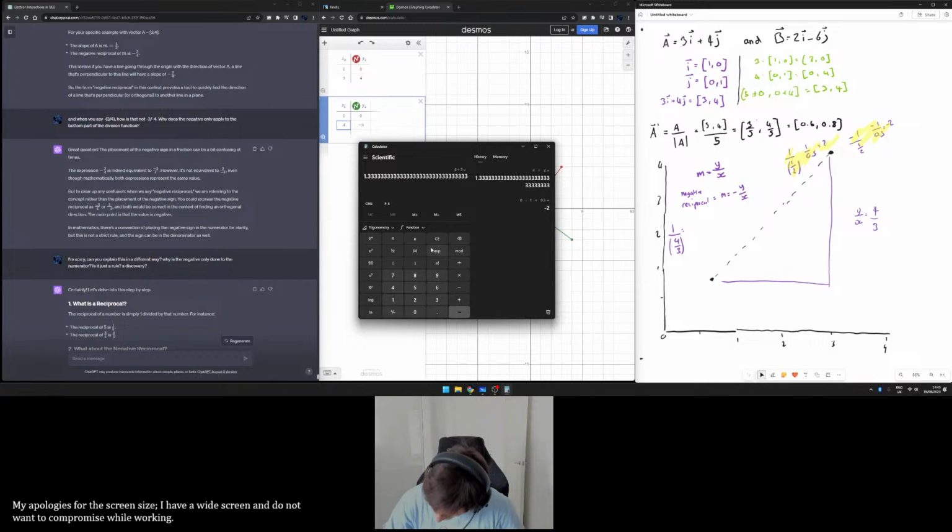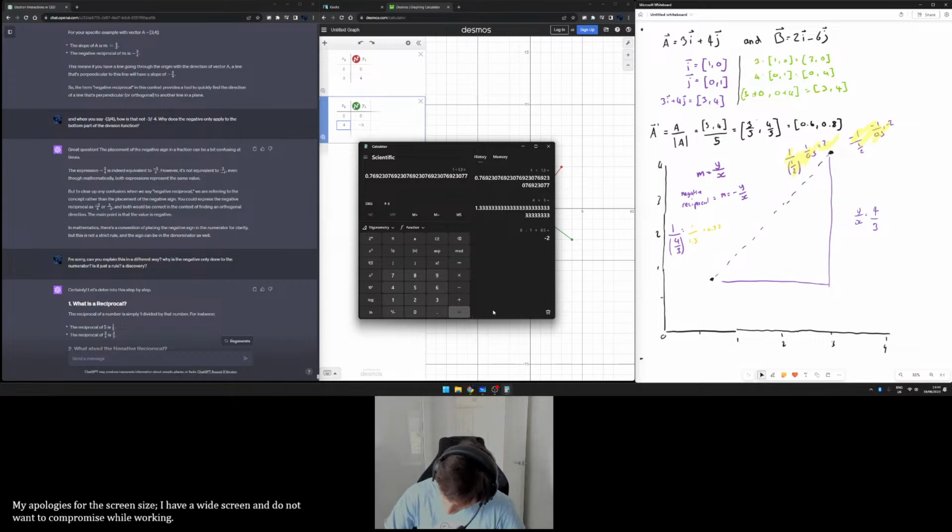Let's do that. 1.3. 1 divided by 1.3 is 0.77.